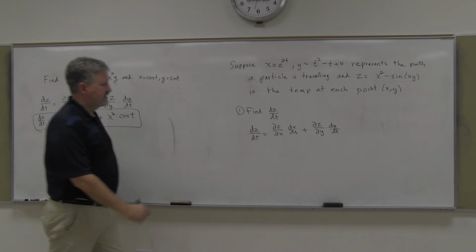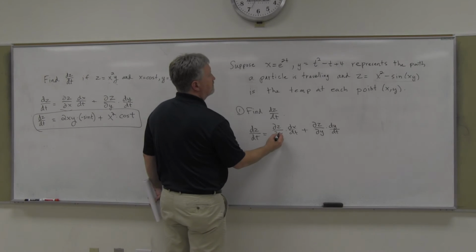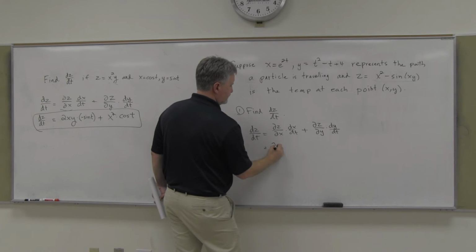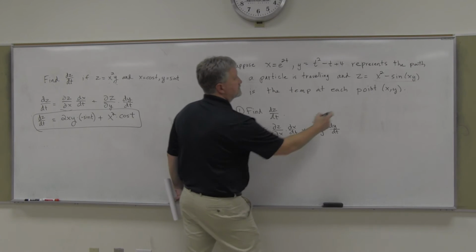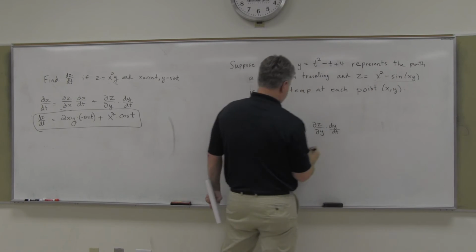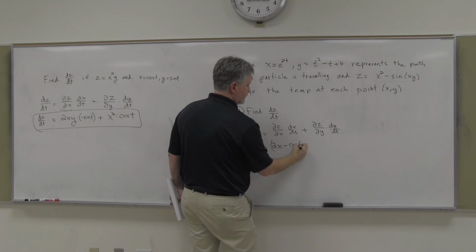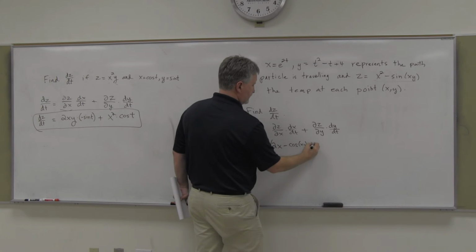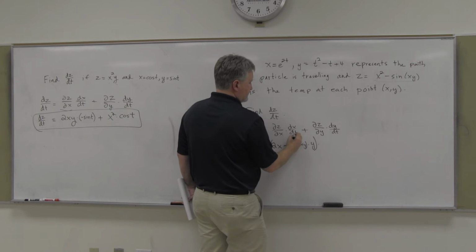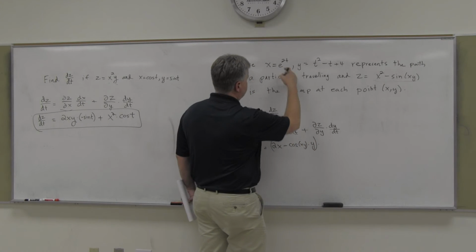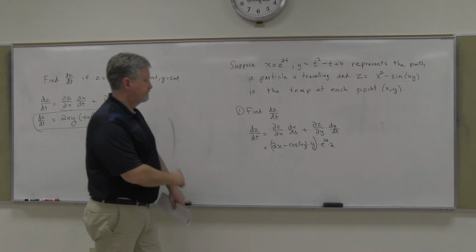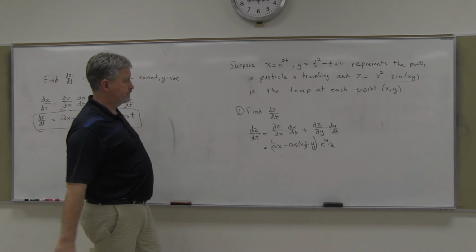Same thing we just did. So the partial of z with respect to x would be 2x minus cosine xy times the derivative of the inside, which would be y, times then the dx over dt, which would be e to the 2t times 2. With me on that?